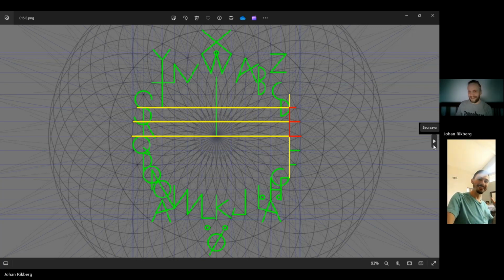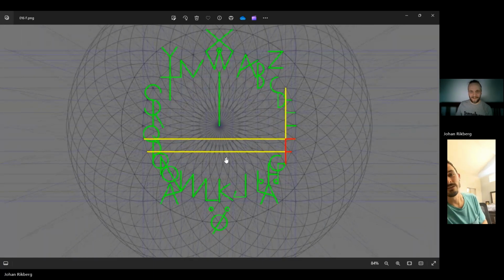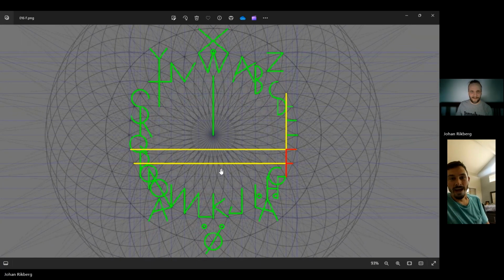Yes. How the seed grows. Boom. F, now we've gone below the middle of the ring, which is where seeds grow.